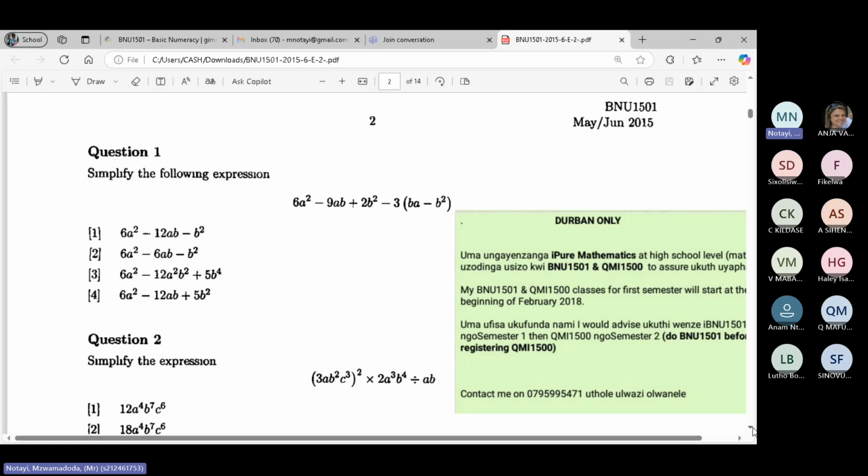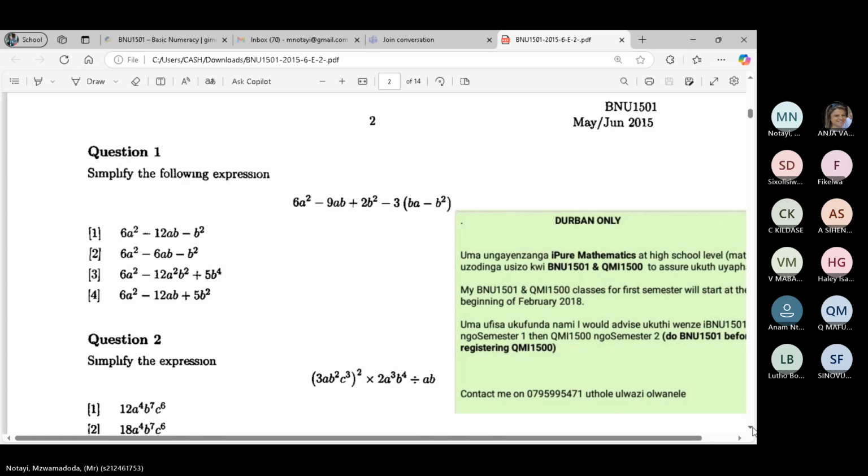It is 6a squared minus 9ab plus 2b squared minus 3 open bracket, that is 3 multiplying on the bracket of ba minus b squared, close bracket.